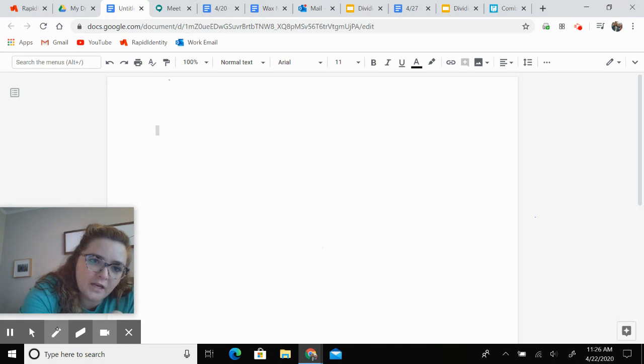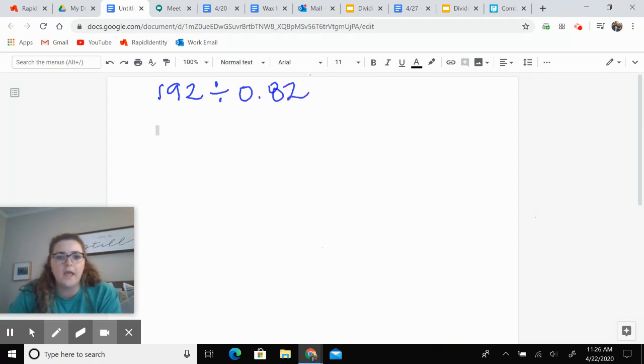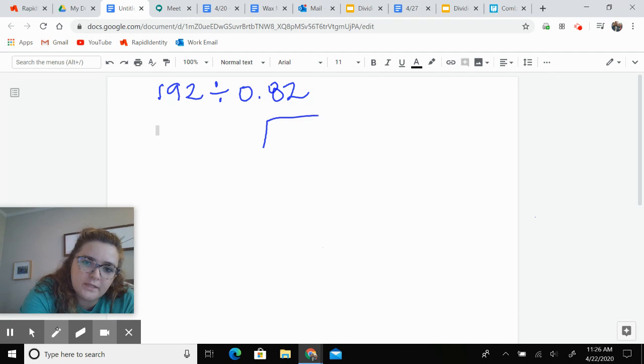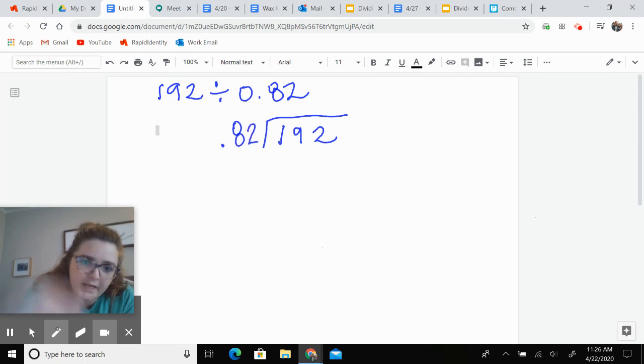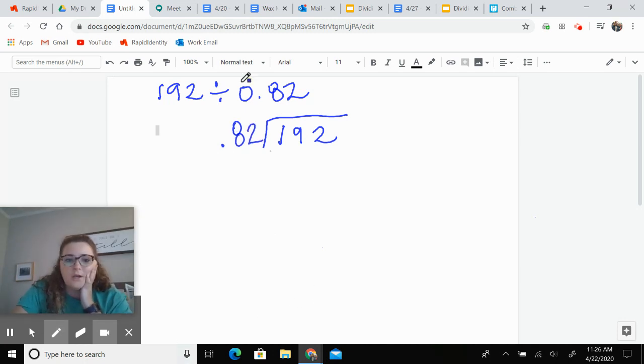So I have 192 divided by 82 hundredths, okay? And when I'm thinking about putting that into standard algorithm, I have 192 being split up between equal groups of 82 hundredths. I want to know how many groups there are going to be. So this is this equation written in standard form.